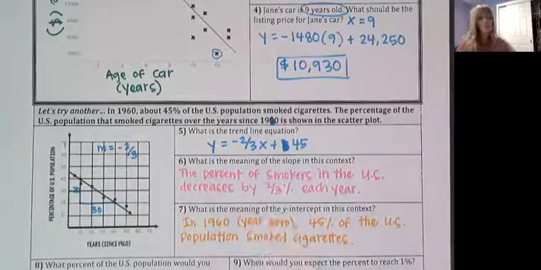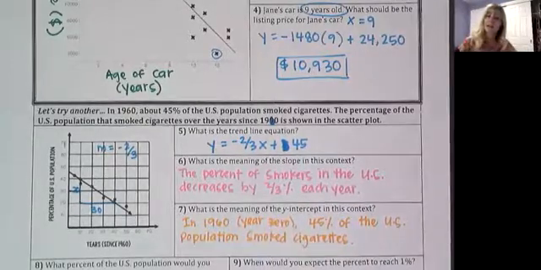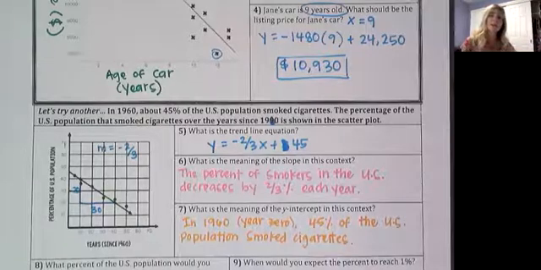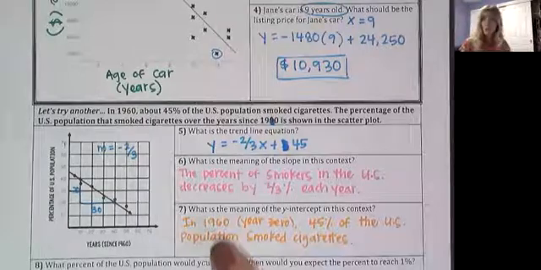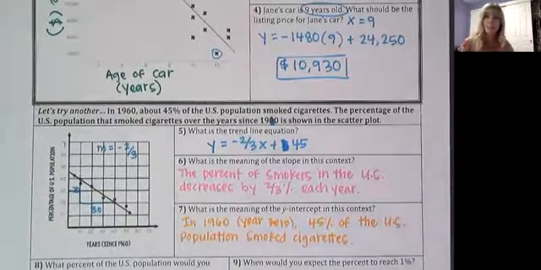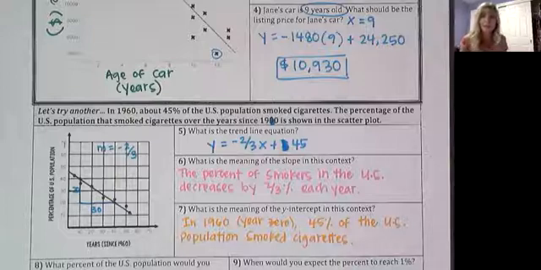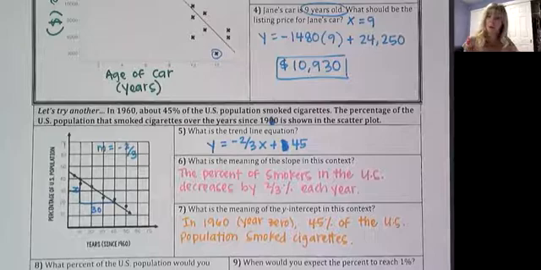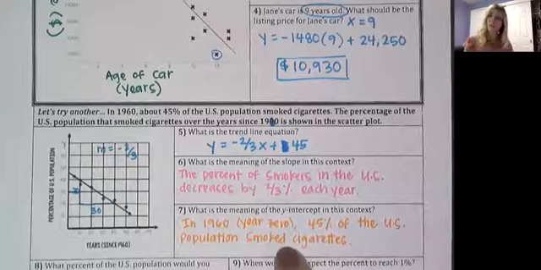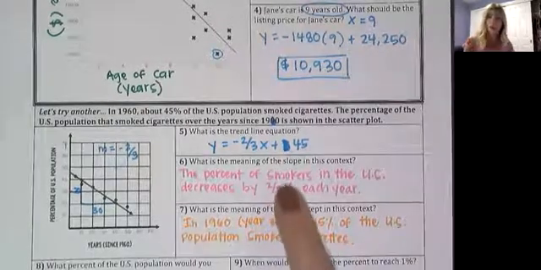The slope means that the percent of smokers in the United States decreases by 0.2% each year. And that initial value, our year 0, remember, was 1960. So this is talking to me about year 0, but in this case, that's 1960. In 1960, 45% of the US population smoked cigarettes. So again, this is the initial value where the data starts, and this is how it changes.